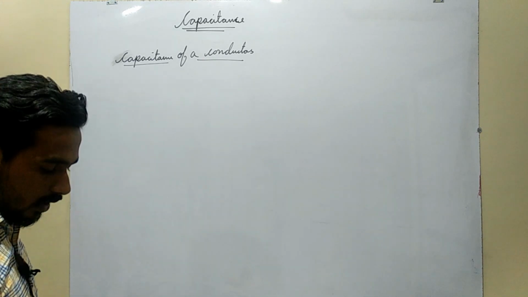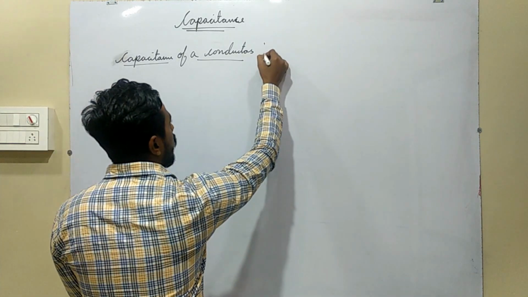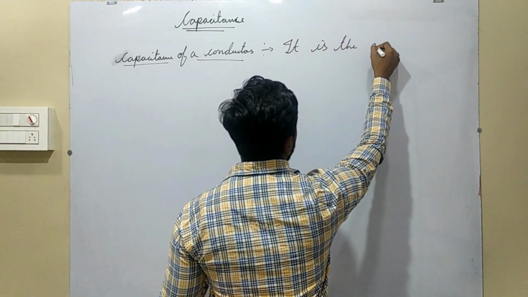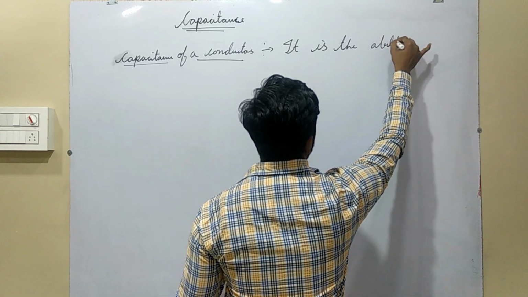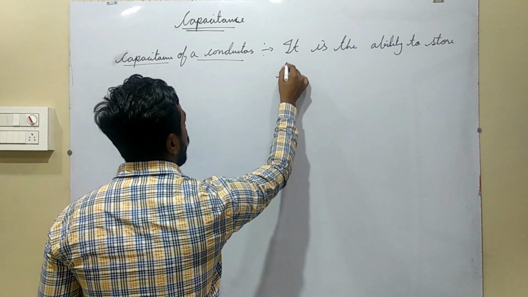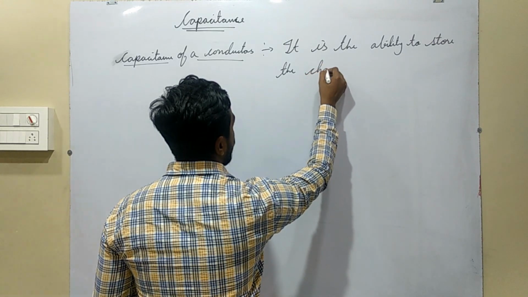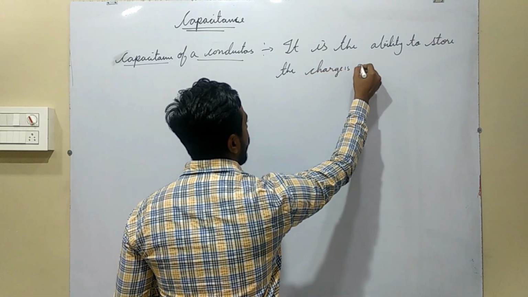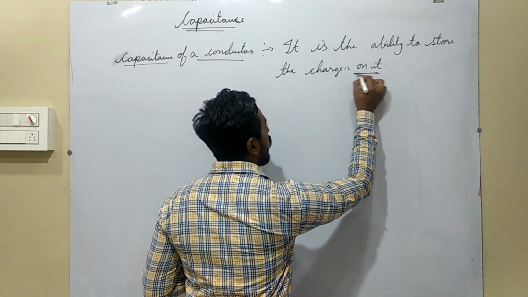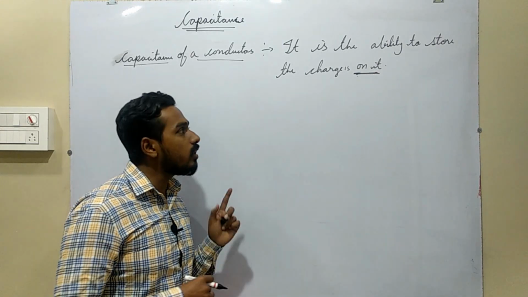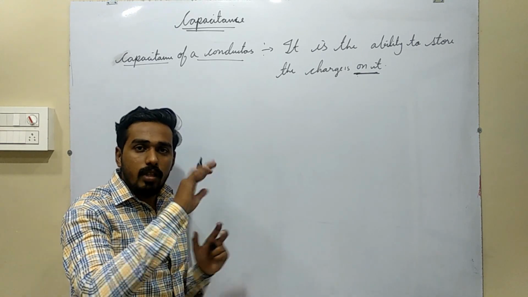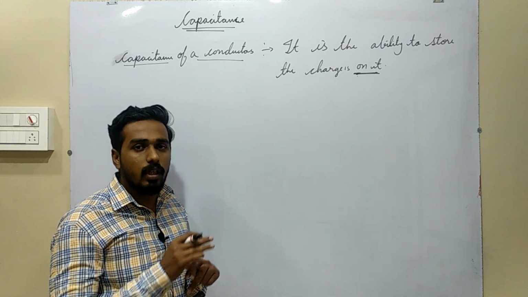Capacitance of a conductor is defined as the ability to store the charges on it. Remember, we are saying on it, which means it will not store the charges into it. The charges are stored on the surface of the conductor.